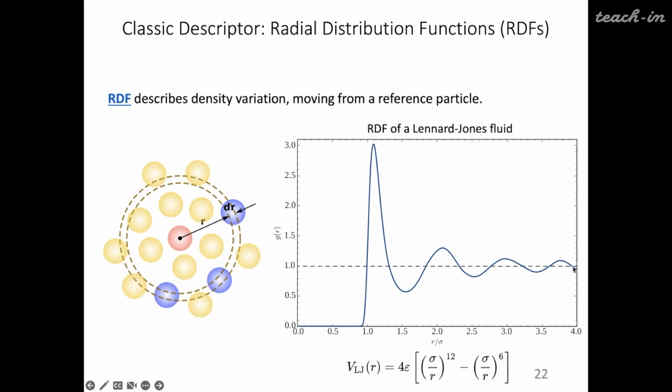So we reach 1, and we get maximums and minimums. So basically, around a reference particle, we can get 3 other particles, for example. And of course, it depends on the normalization, so pay attention to the units that are used here.